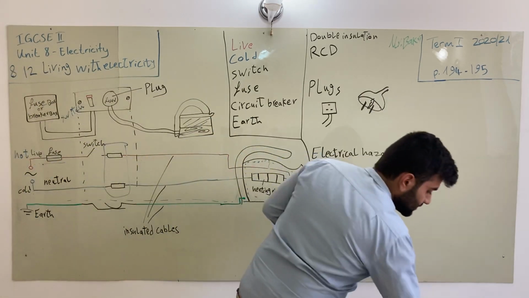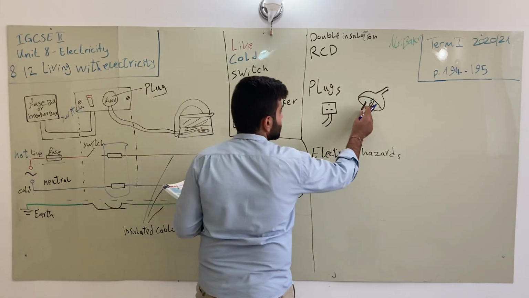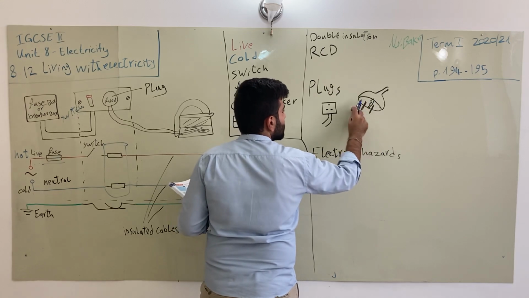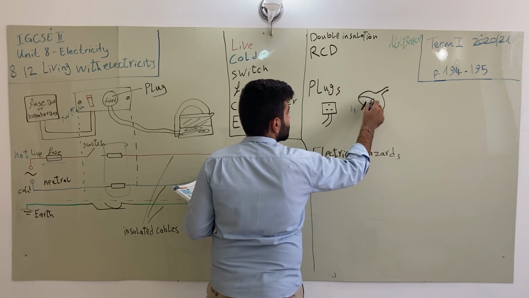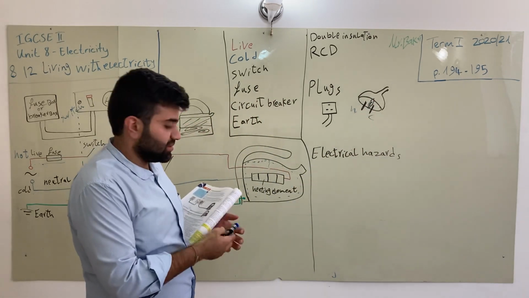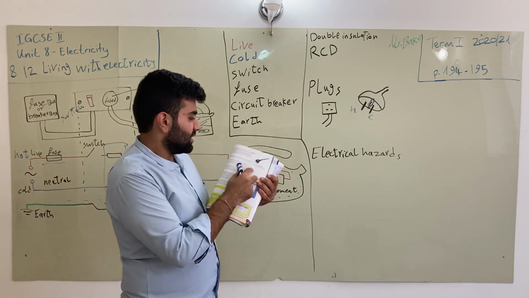The other one has just two metal bars, as you can see here, one for hot and one for cold. And you find some metal here, and it's for the earth, for connecting. You can see this here on page 195.